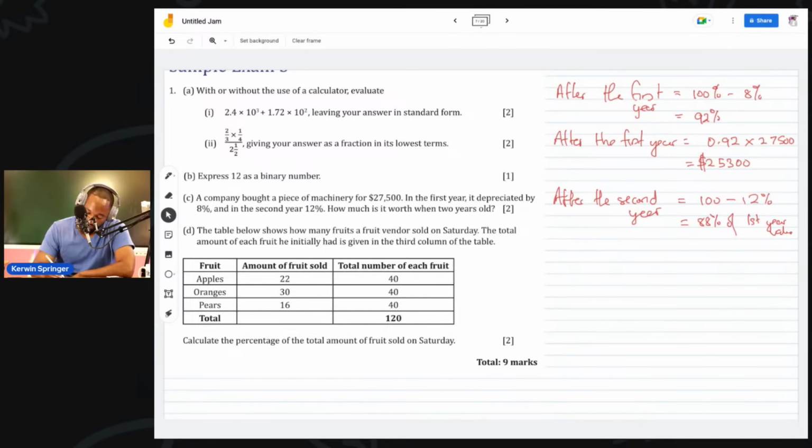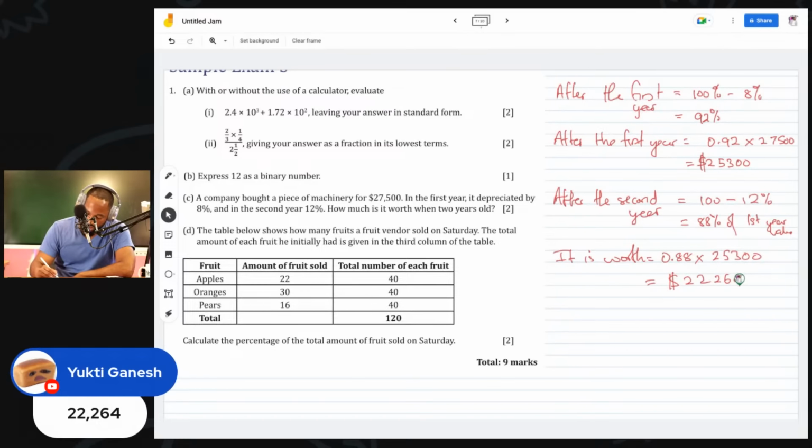So after the second year, it is worth 88%, which is 0.88 or 88 over 100, multiplied by 25,300, which is 22,264 after the second year. And you get 2 marks for that.